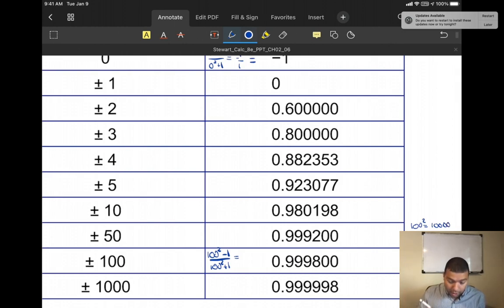When you take 1 out, you get a bunch of 9s, 9,999. And here you get 10,001. When you do the division, you get this approximately.